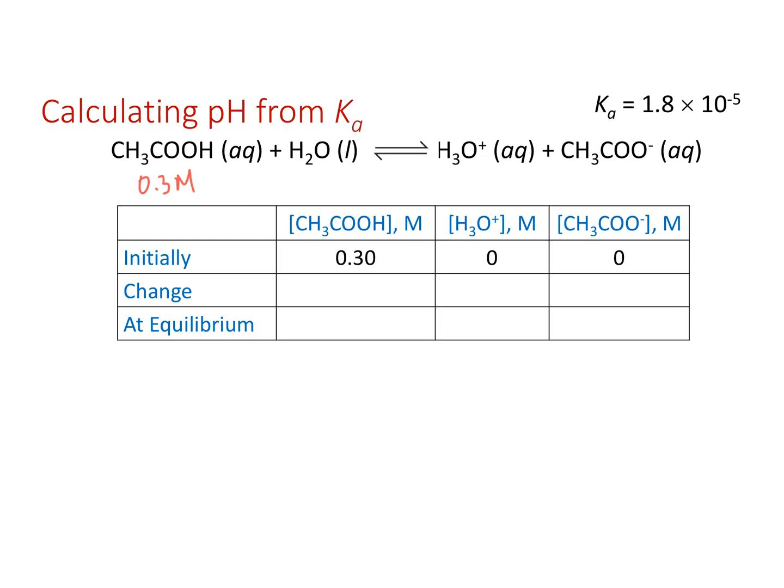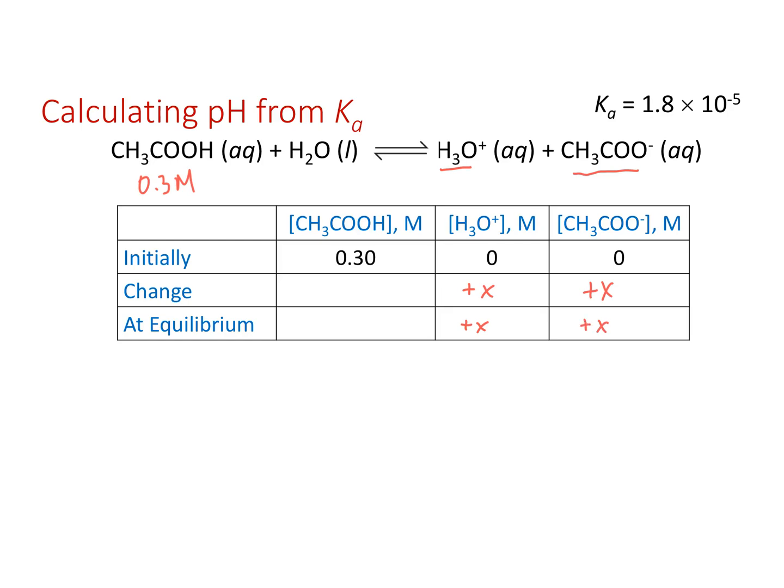For this reaction, we know the only source of hydronium and the only source of acetate is from acetic acid. And again, we have the 1-to-1 ratio. So for every 1 hydronium I form, I will also form an equal amount, and I'll have an equal concentration of acetate. So I'm going to gain plus X of hydronium and the same amount of acetate.